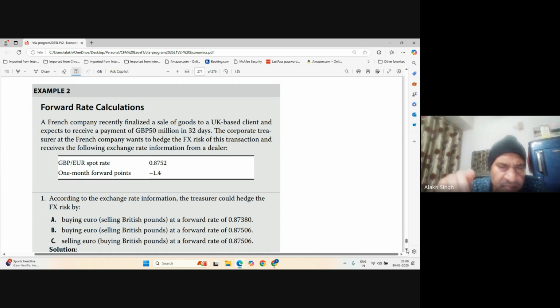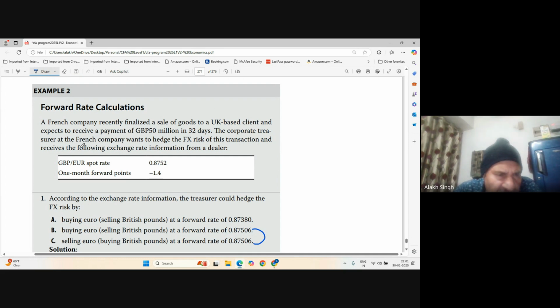That will be 0.00014. So the answer will be either B or C, because this forward price part is correct. Now the question is, which one will be correct?